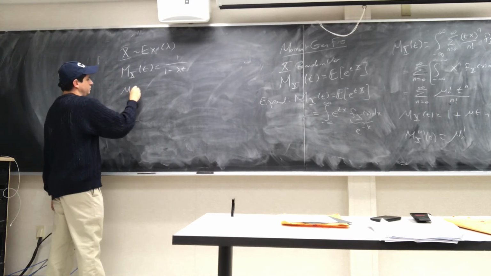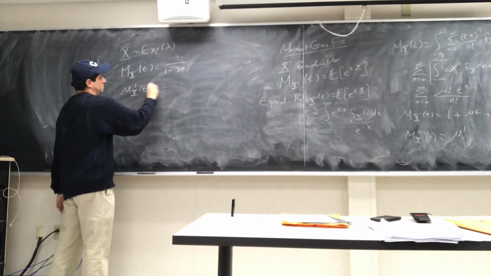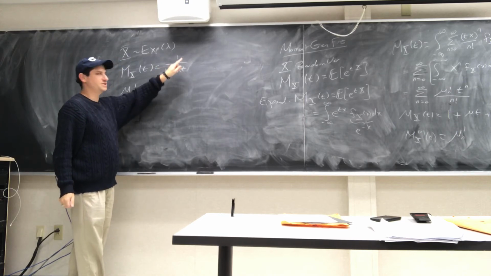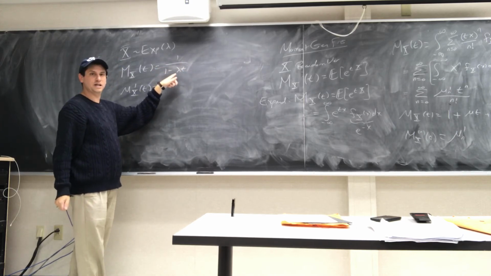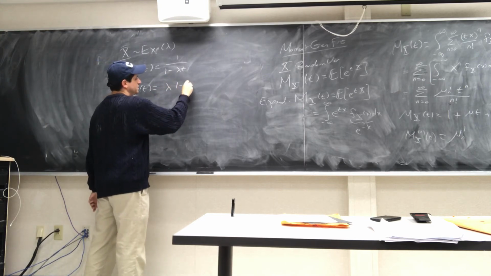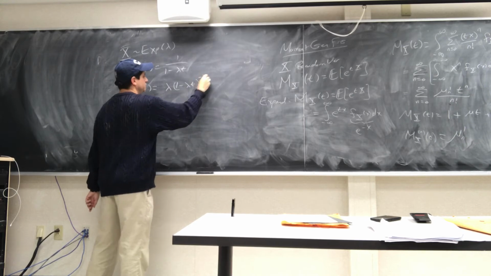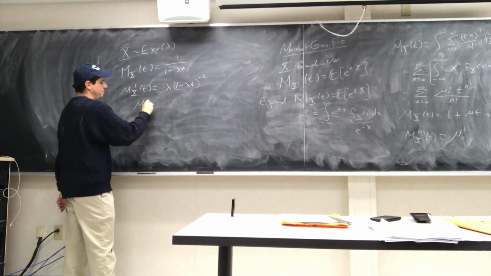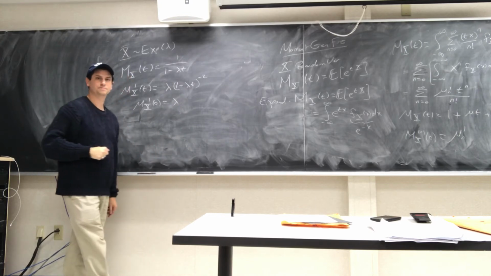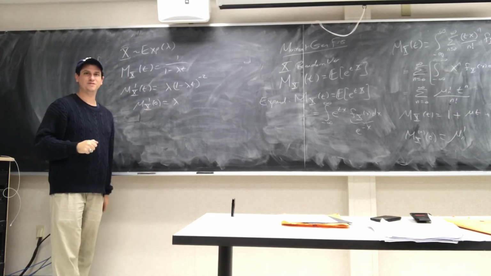So the first derivative, we're going to get, this is to the -1 power, so we get a negative, this to the -2, and we'll get a negative lambda coming, so that reinforces, so we get lambda times (1 minus lambda t) to the -2. So M_X'(0) is lambda. Great, that's what we've calculated for the mean.